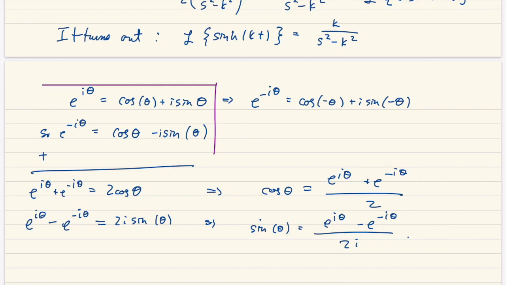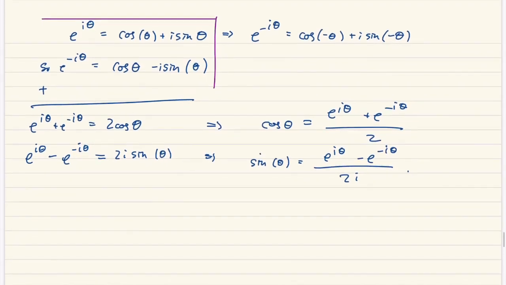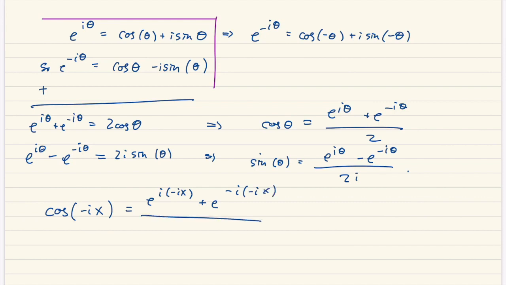From this you can see that sine and cosine behave a lot like hyperbolic cosine and hyperbolic sine. So for example, if you were to look at cosine of minus ix, what you would get, just based on our formula that we have above, is e to the i times minus ix plus e to the minus i times minus ix all over 2.